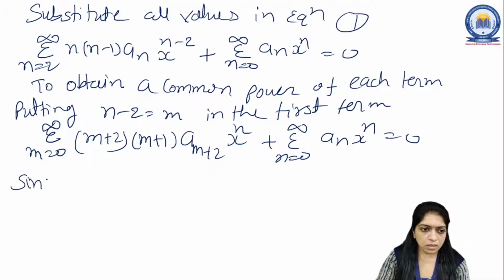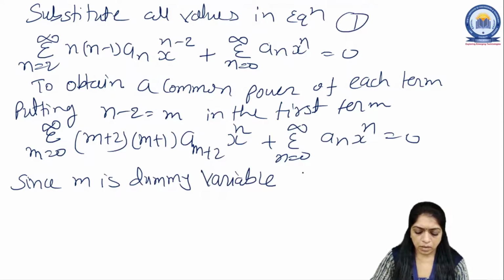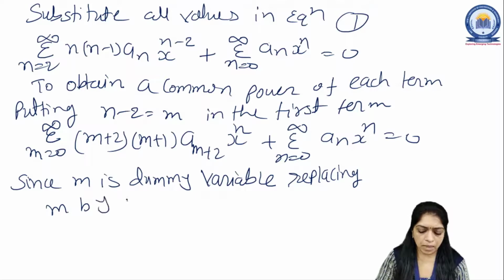Since m is a dummy variable, replacing m by n in the first term.